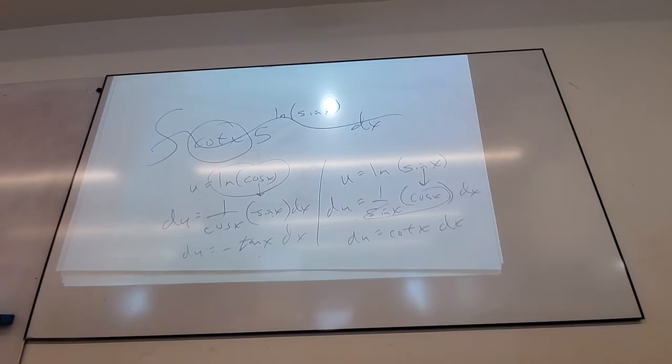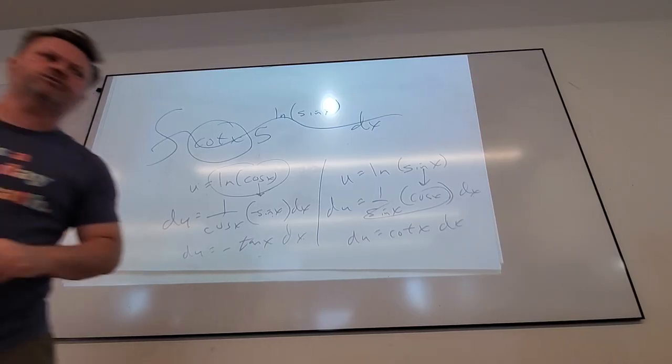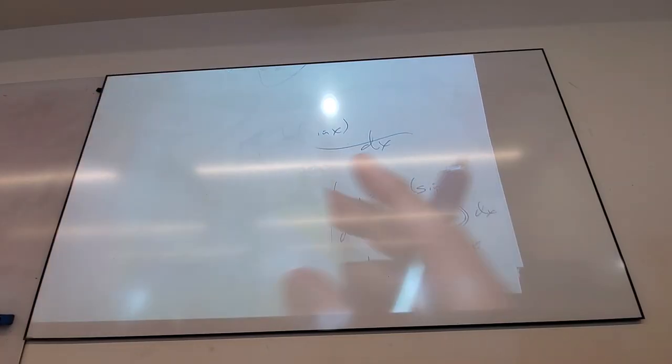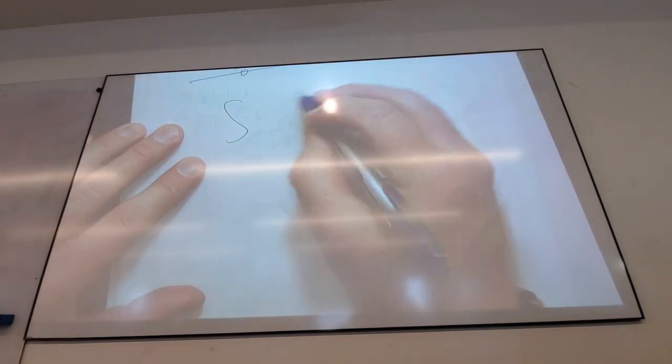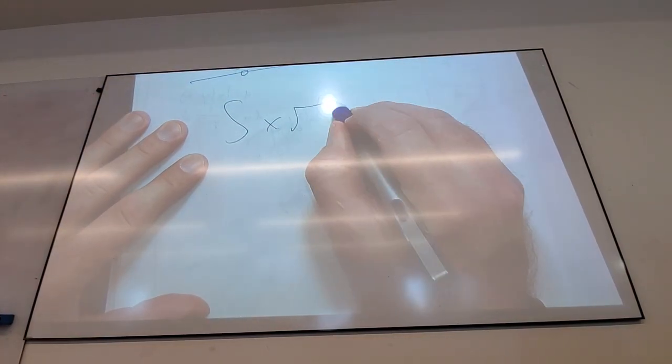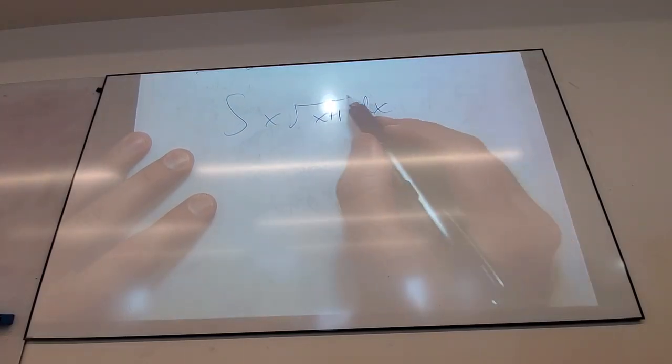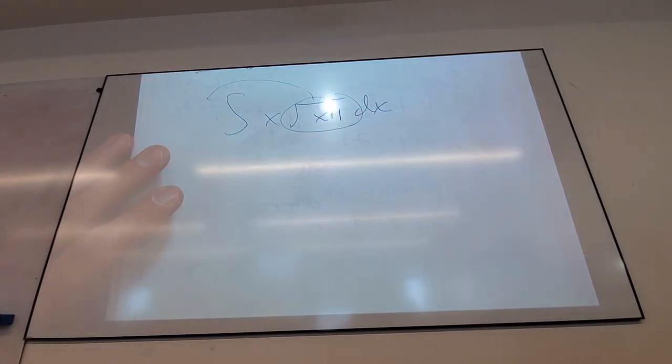Can you take a function of x or x itself out of an integral? There's no way you can do that. Constants I could do. Now, real quick, here's what I'm saying. If I had to integrate this, wouldn't it be great if that could be out here?